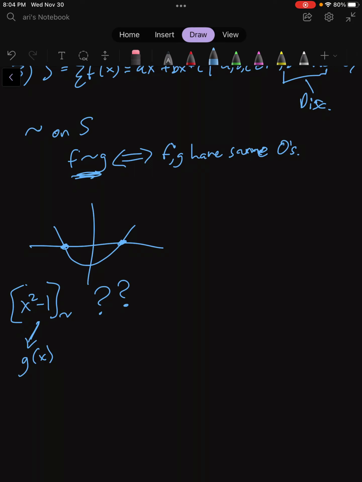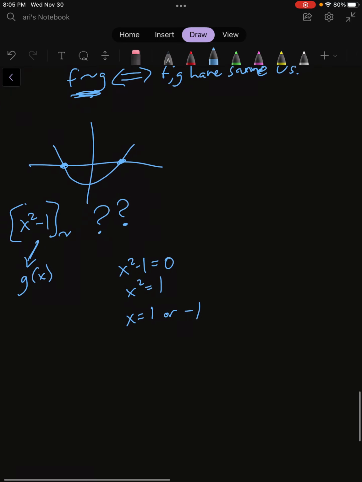Well, the first question maybe we should ask is, what are the zeros of this function? x squared minus 1 equals 0, so x squared equals 1. So x equals 1 or minus 1. So the zeros are 1 and minus 1.